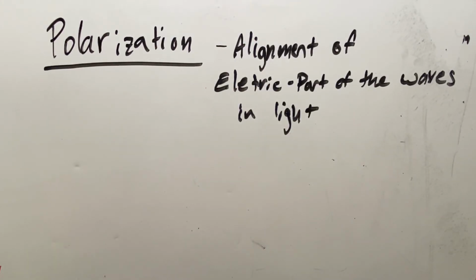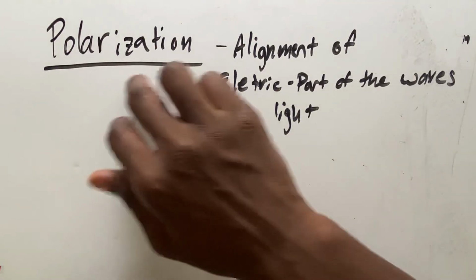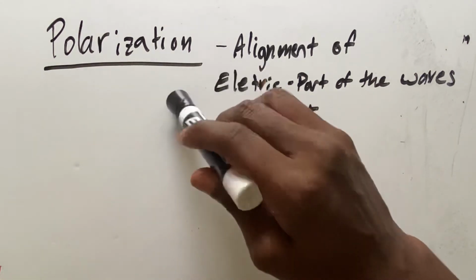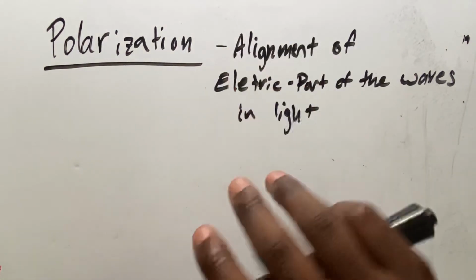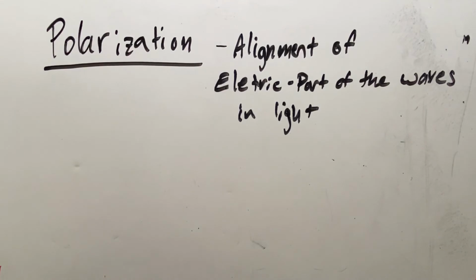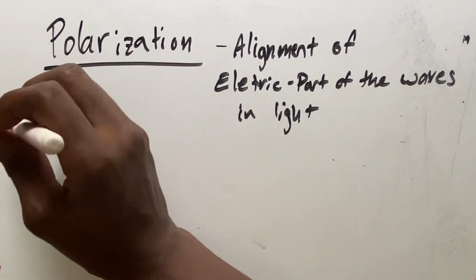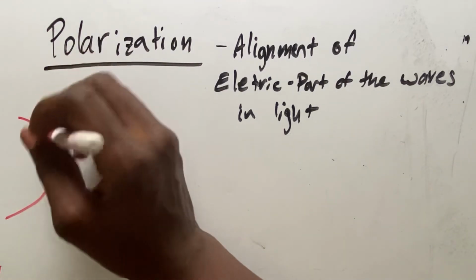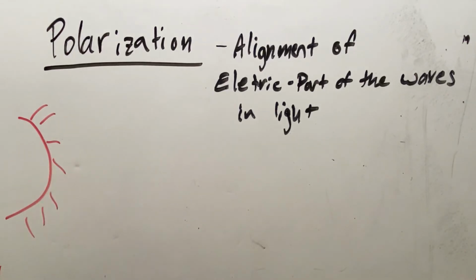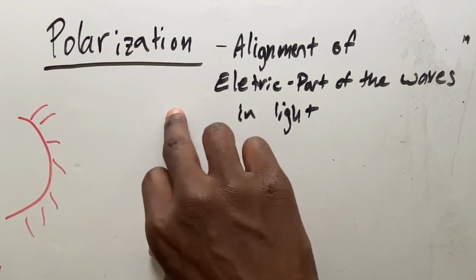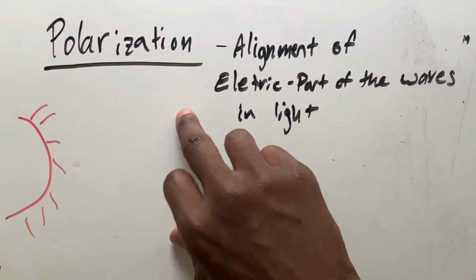So if you think about what unpolarized light means, unpolarized means it's just random, chaotic light. So if I have the sun here, the sun gives off basically white light, which is unpolarized light.